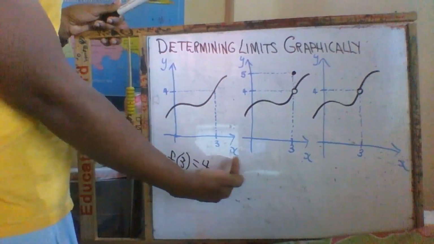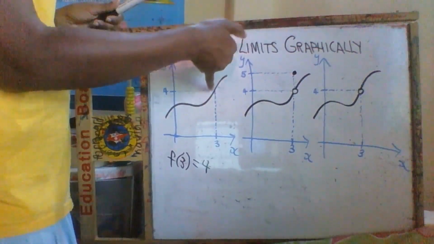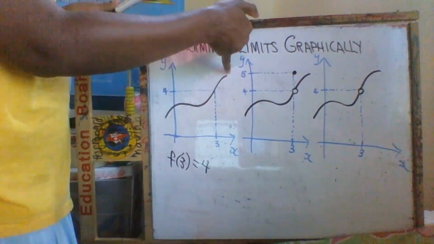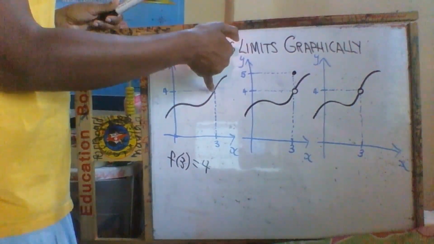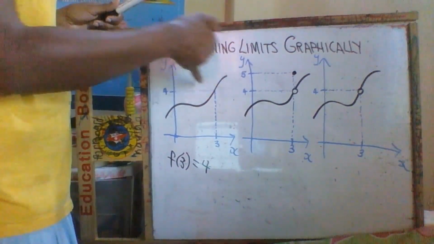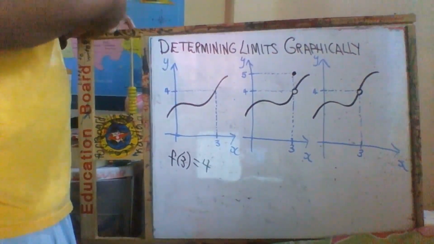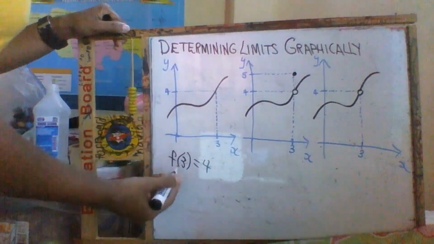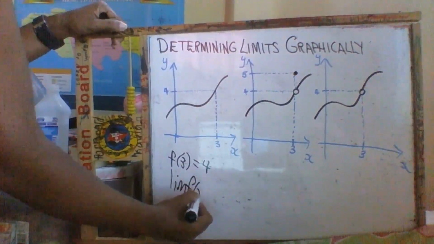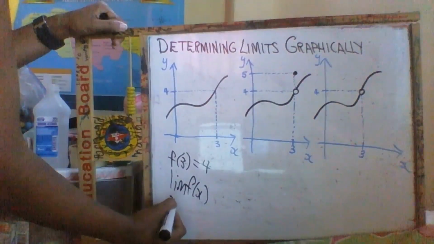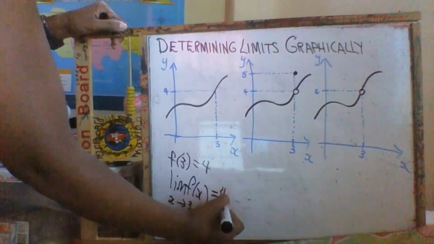From the right as well, if we're on the same curve and we're approaching x equals 3 from the right, it would seem as if we're approaching the y value 4. And so our limit of the function as x goes to 3 is equal to 4, right?